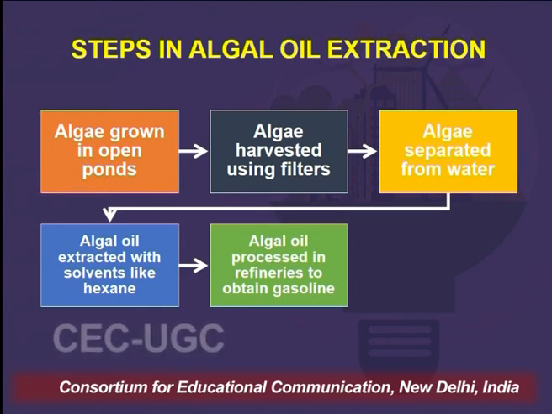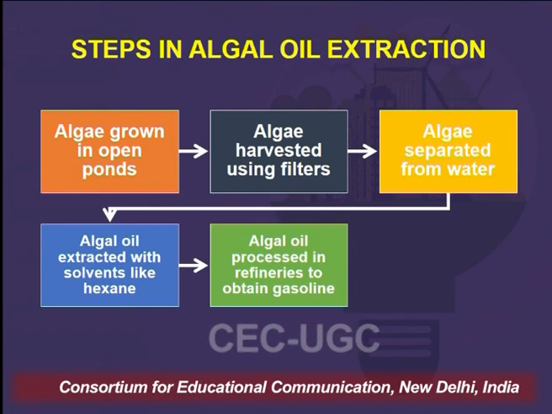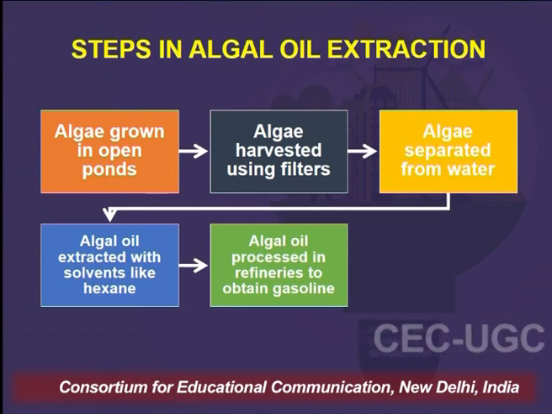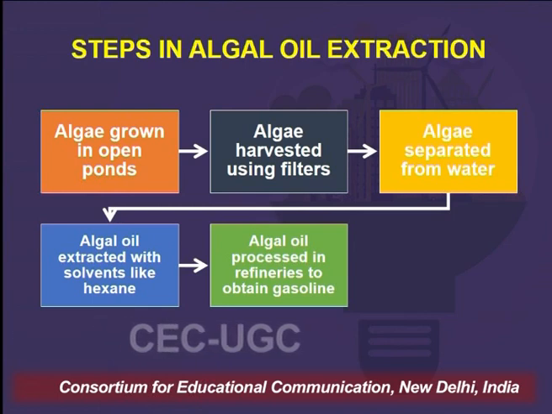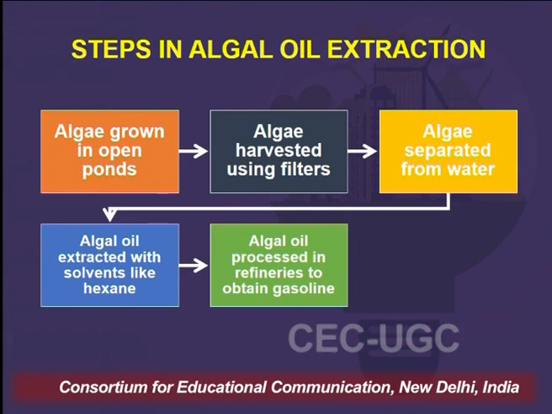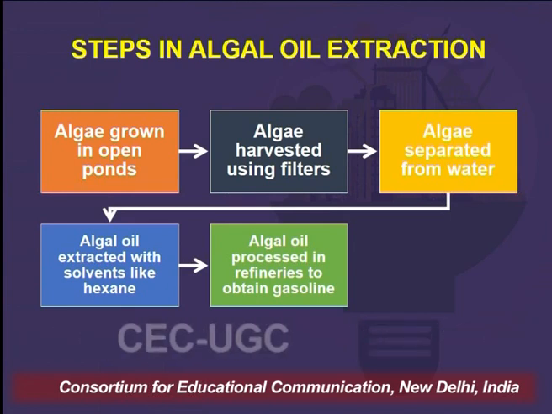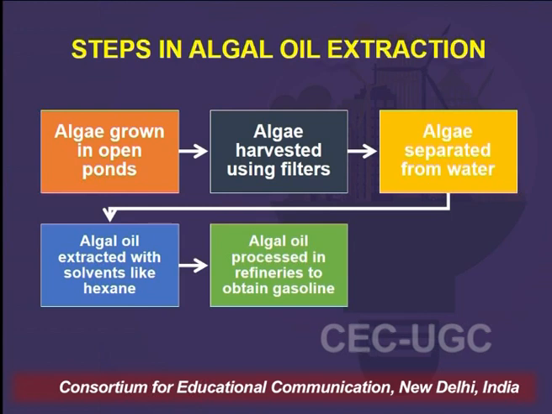After that, algae is harvested using filters. Then the harvested algae is separated from the water. After that, algal oil is extracted with solvents like hexane, and then this algal oil is processed in refineries to obtain gasoline.